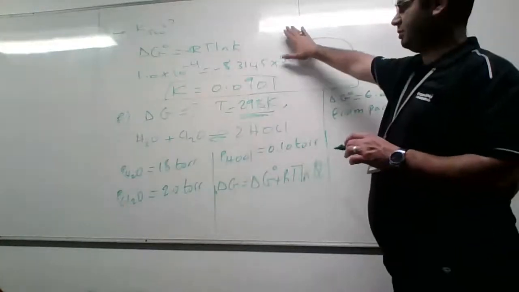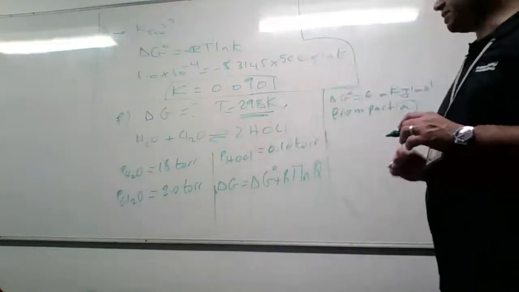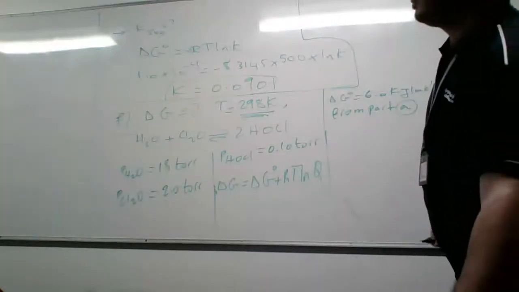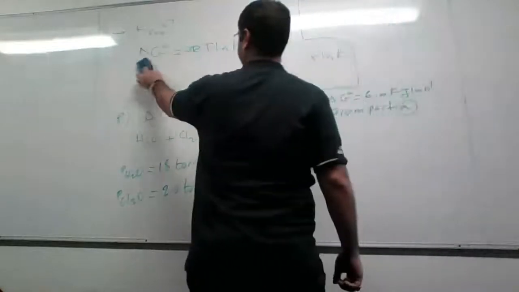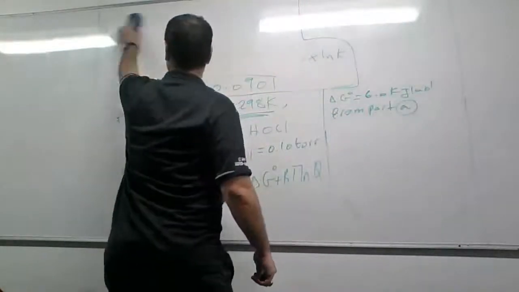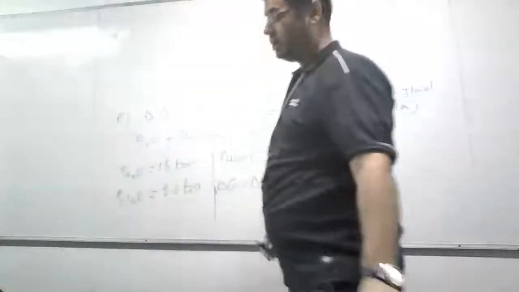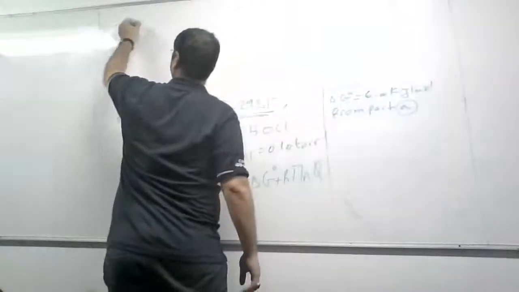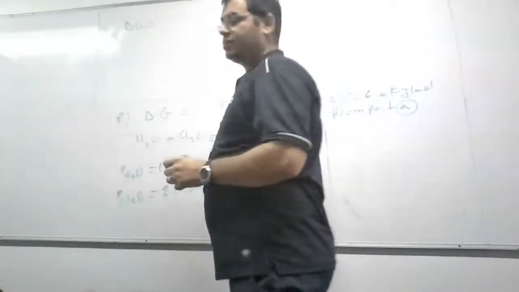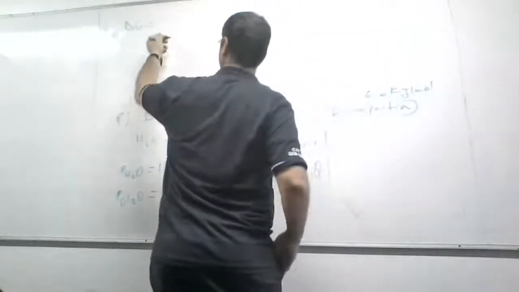Still copying in here, shabab. Last bit of the exercise. Now, so again, delta G is equal to delta G naught.